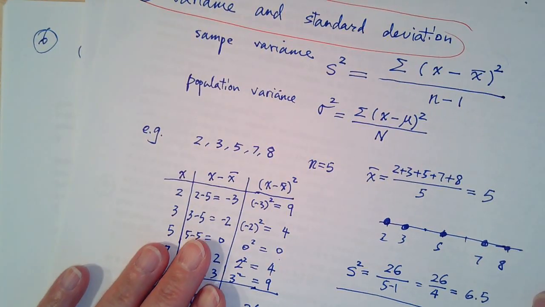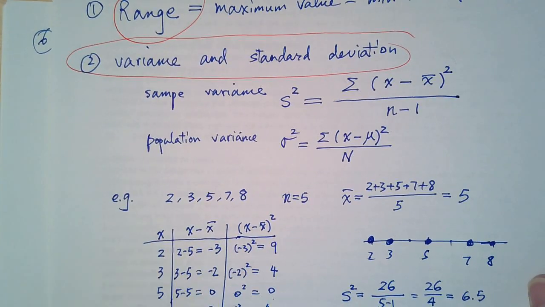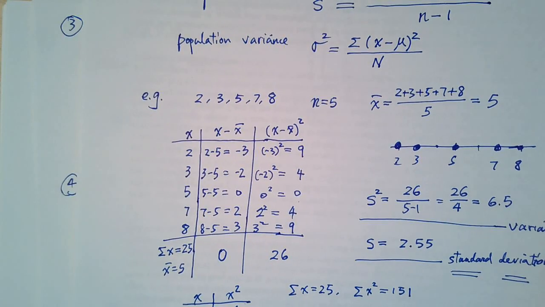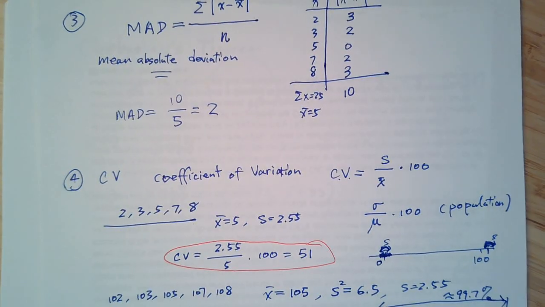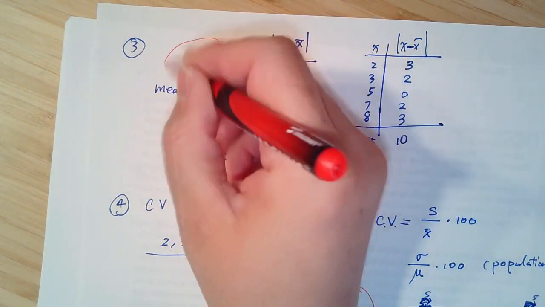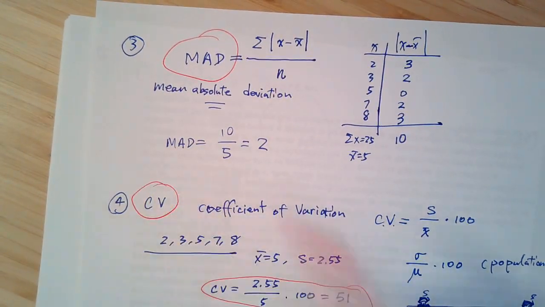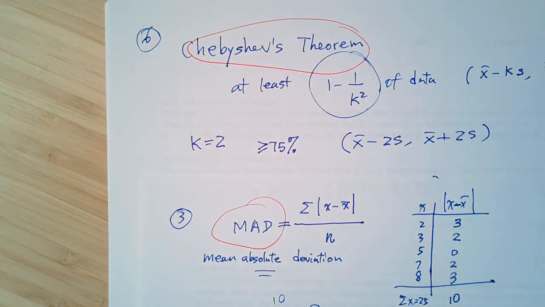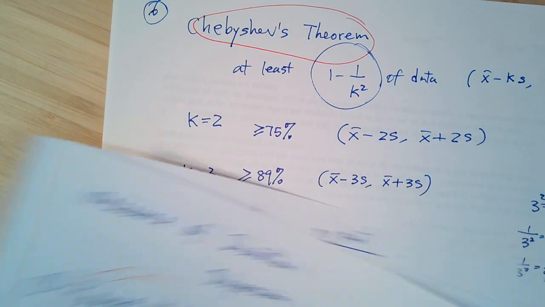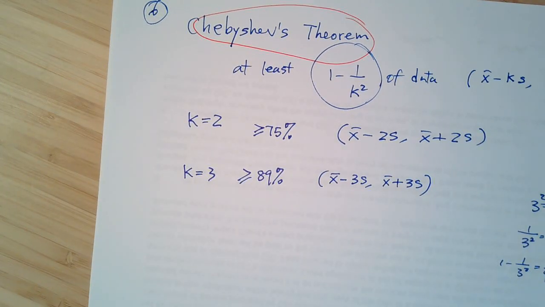So you're going to write down the formula, you copy that on your piece of paper, or that's your cheat sheet, and then maybe you copy this table, the formula, and then you know how to calculate that. And then number 3, we learned what MAD is, we learned what CV is, and then we learned the empirical rule and Chebyshev's theorem. So those are the 6 important concepts when we talk about variation. All right, now you can just go ahead and work on your homework.